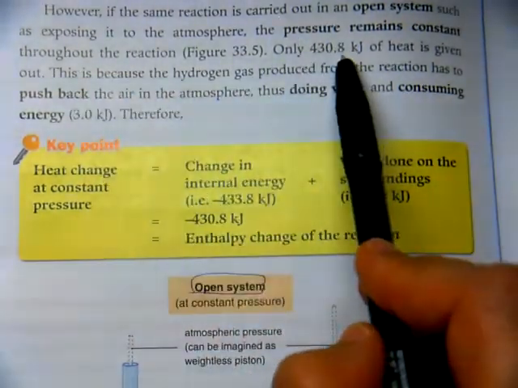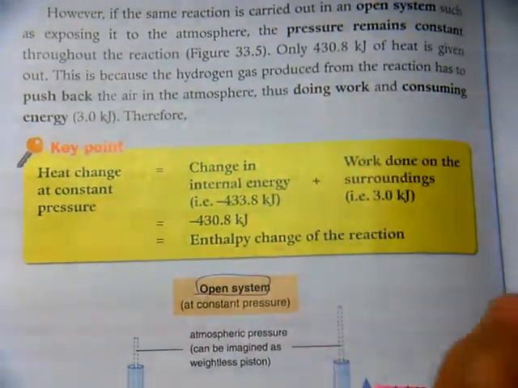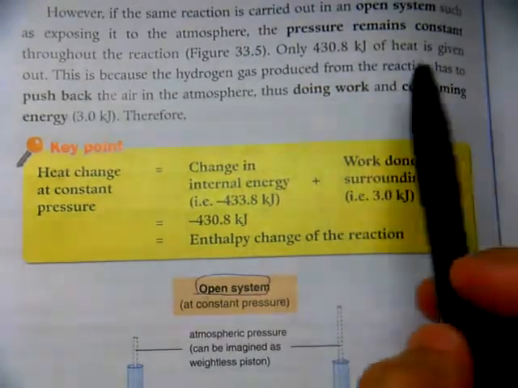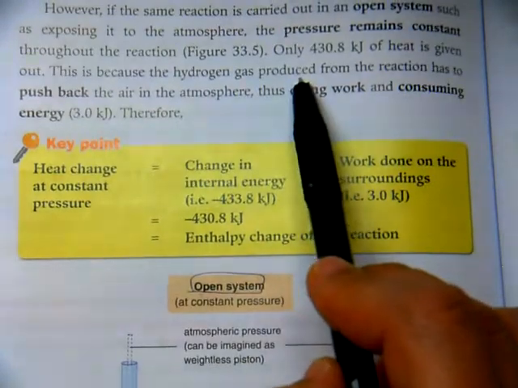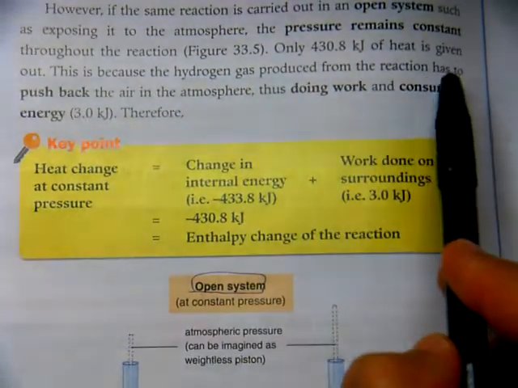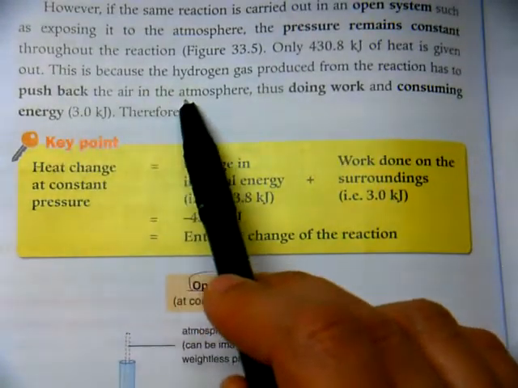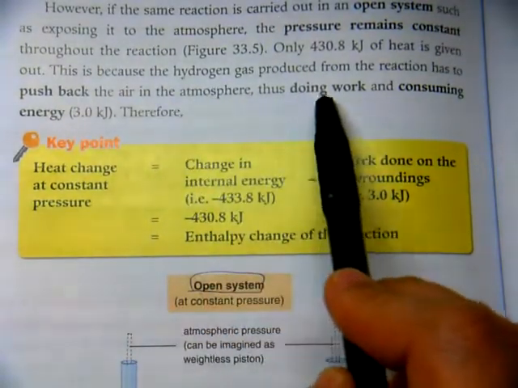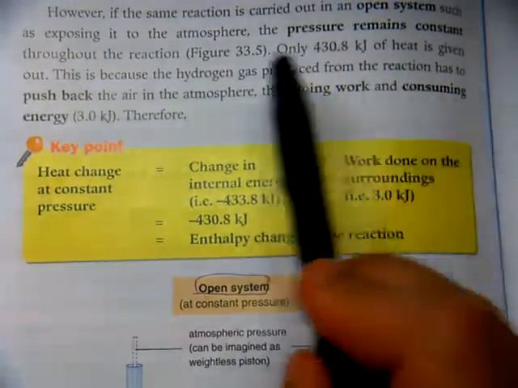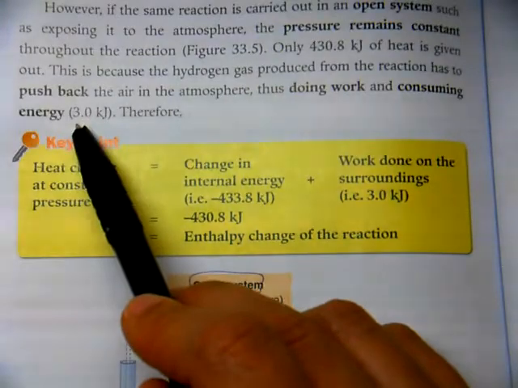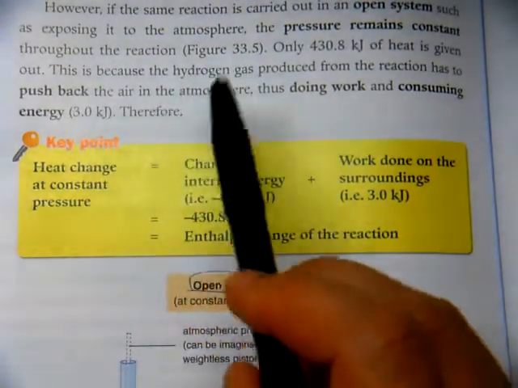Because some of the energy is used to do work against the atmospheric pressure. This is because hydrogen gas produced from the reaction has to push back the air in the atmosphere. Thus, doing work, energy is needed, consuming energy, which is approximately 3.0 kilojoules in this situation.